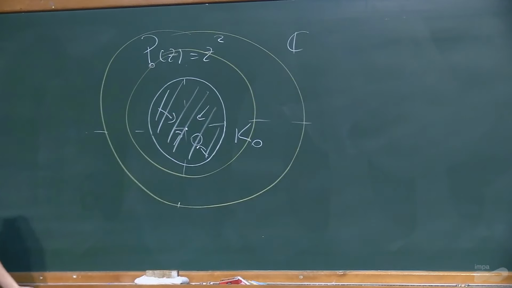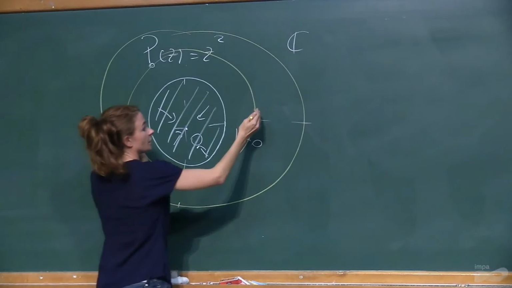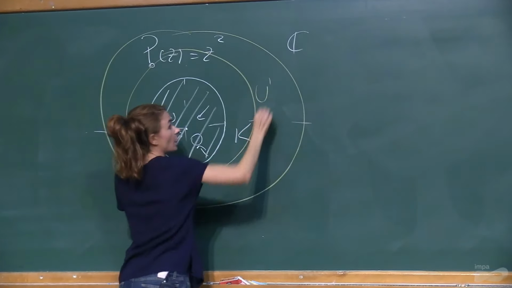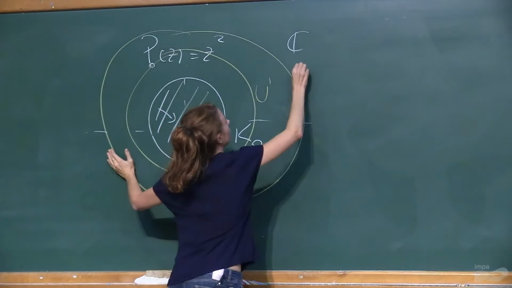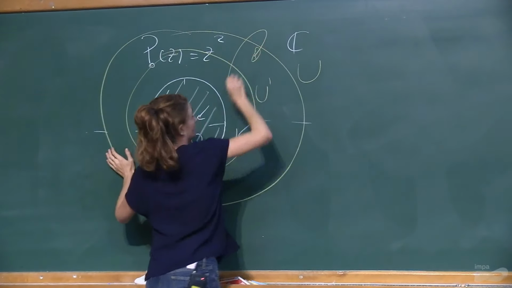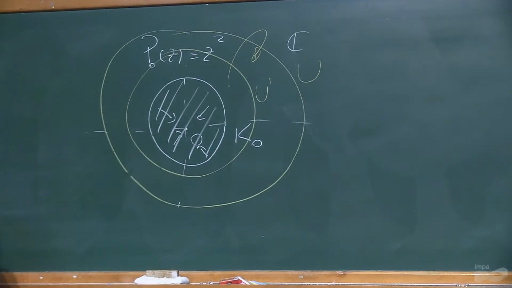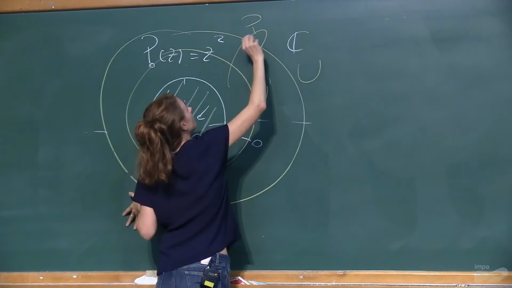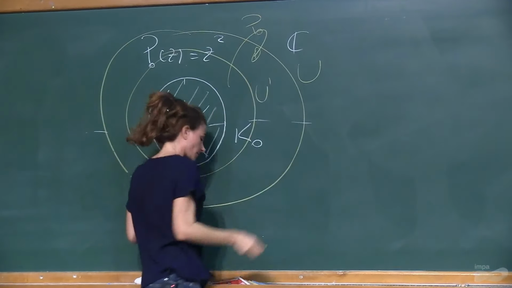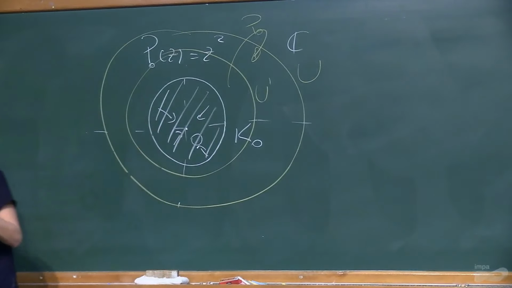And your polynomial maps the smallest disk, call it U prime, into the biggest disk, call it U, properly holomorphically with some degree P. So your polynomial about your filled Julia set is expanding.